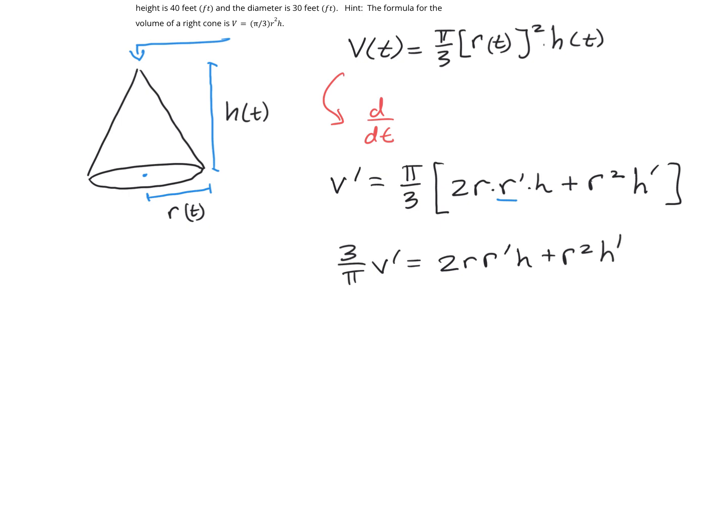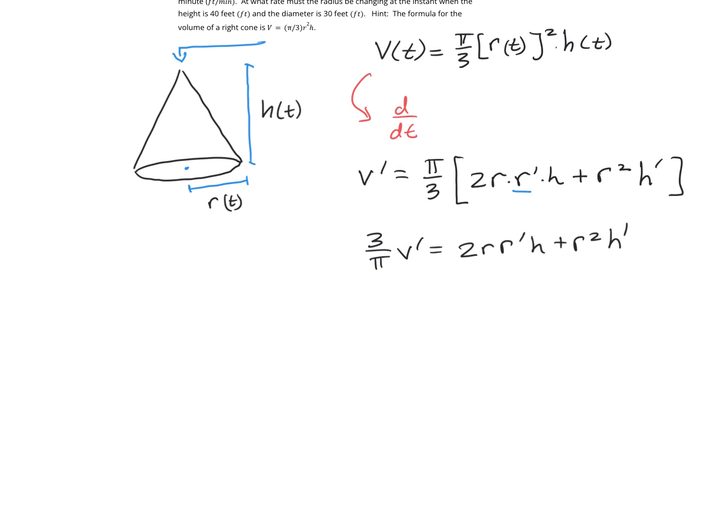The next step, we will subtract r squared h prime from both sides. So we have 2 r prime h is 3 over pi V prime minus r squared h prime. And then finally, we can divide both sides of this equation by 2rh.